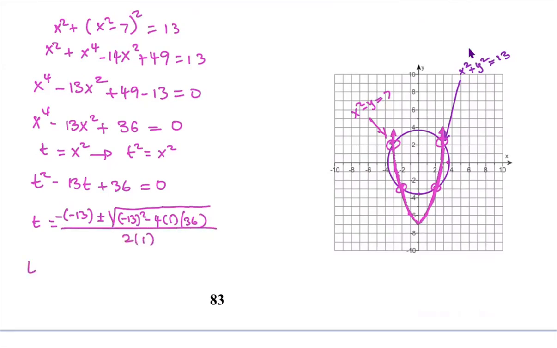So your solutions are t equals and then t equals. We're going to go ahead and do them quickly using the calculator. We're going to solve them quickly using the calculator.